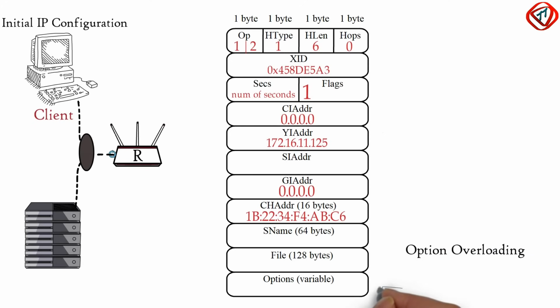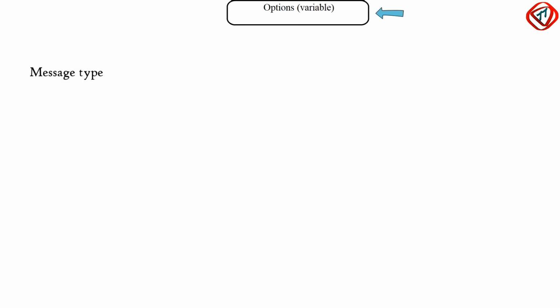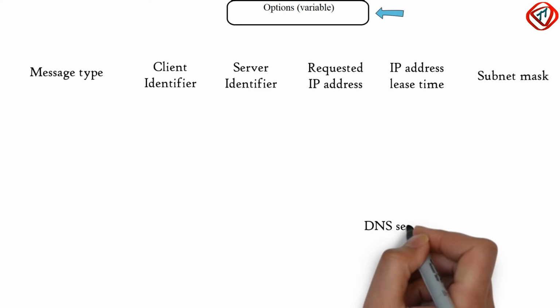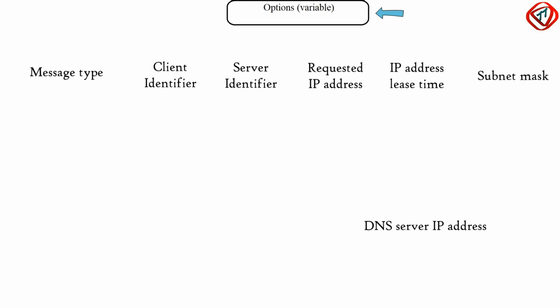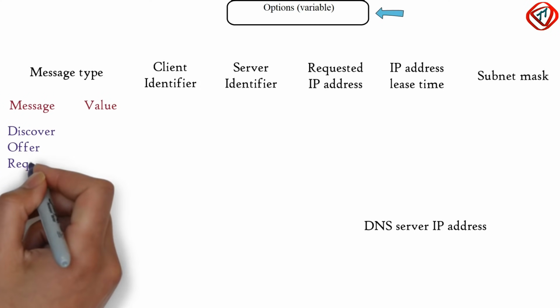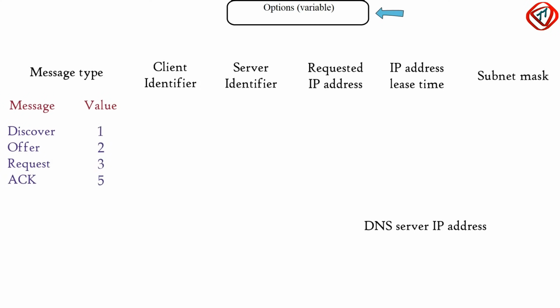The last field is options, which is variable in length in different messages and contains the information about message type, client identifier, server identifier, requested IP address, lease time, subnet mask, DNS server IP address, etc. Message type represents whether the message is discover, offer, request, or acknowledgement.